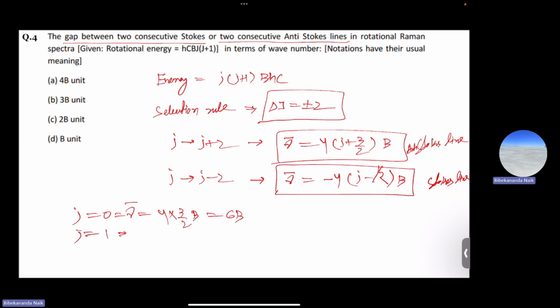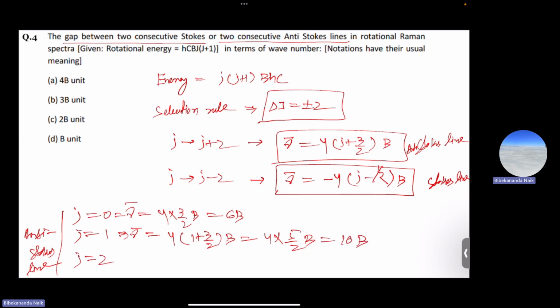When J equals 1, here we are talking about the anti-Stokes line, 4 into 1 plus 3 by 2 B, so 4 into 5 by 2 B will be 10B.